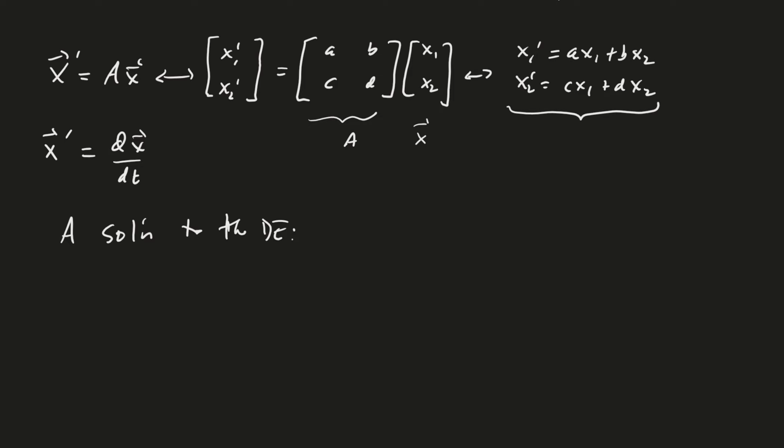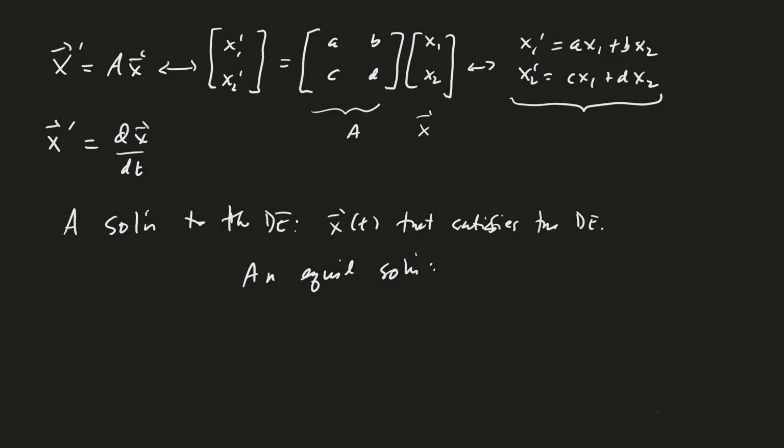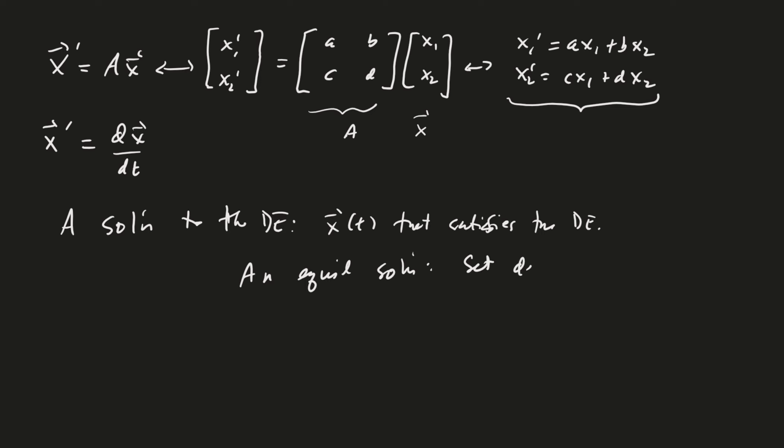A solution to the differential equation is x of t that satisfies the DE. Okay, and so in particular, you'll remember that an equilibrium solution is a constant solution that satisfies our differential equation, and so in that case, set the derivative equal to 0, right?